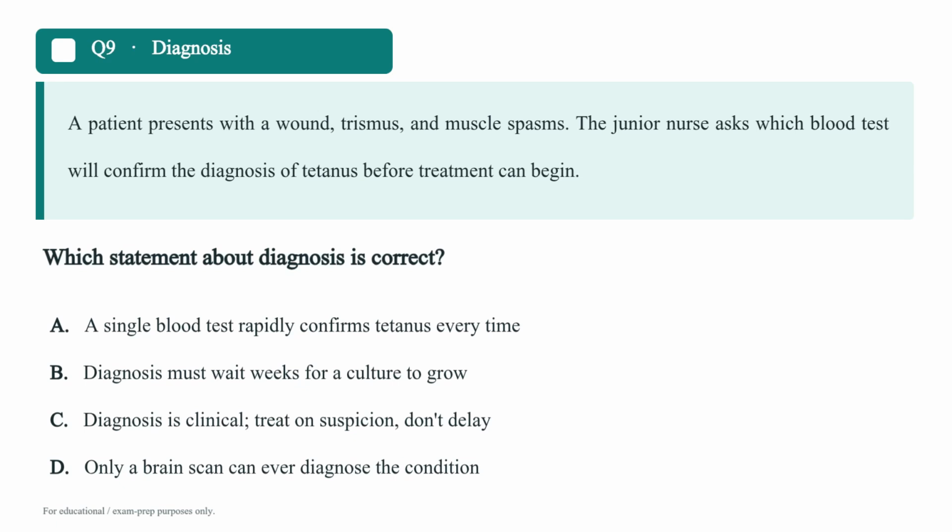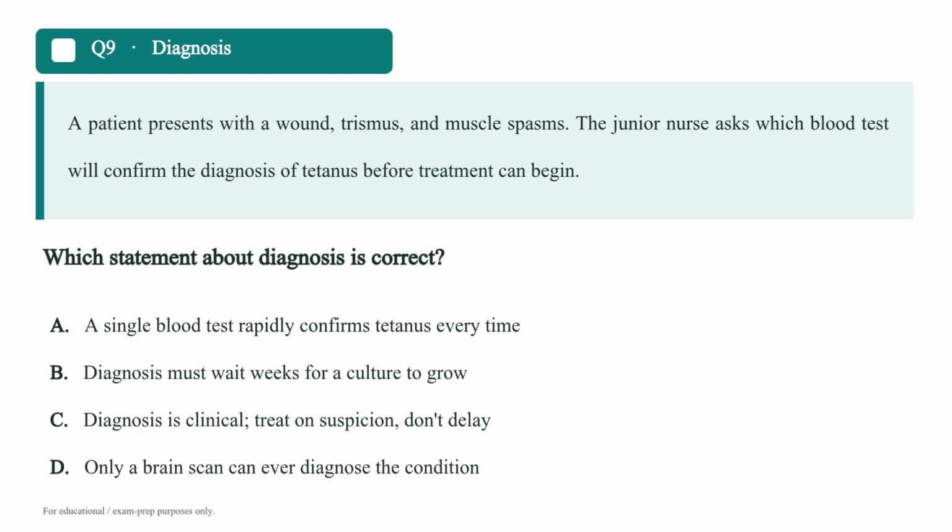Question 9. A patient presents with a wound, trismus, and muscle spasms. The junior nurse asks which blood test will confirm tetanus before treatment can begin. Which statement about diagnosis is correct? Option A. A single blood test rapidly confirms tetanus every time.